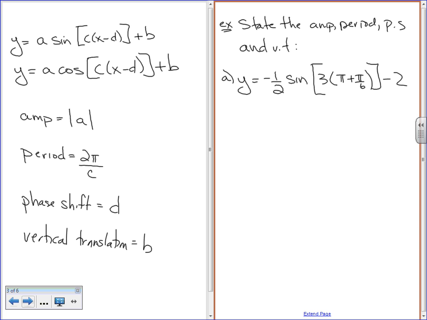Okay, so the negative 1/2, 3 pi over, that should be an x, not a pi. Pi over 6 and negative 2, I'll do something to the function, right?